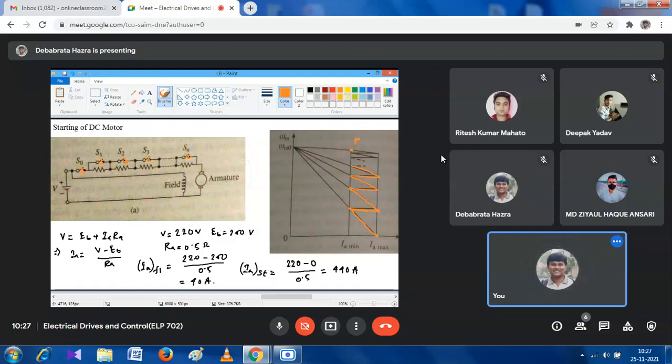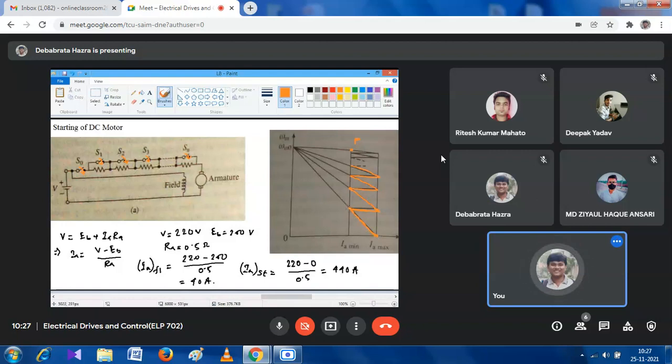Due to the torque, the motor will gradually increase its speed from zero. Due to the gradually increased speed, the value of back EMF also gradually increases. So the value of armature current gradually decreases from I max to I min.